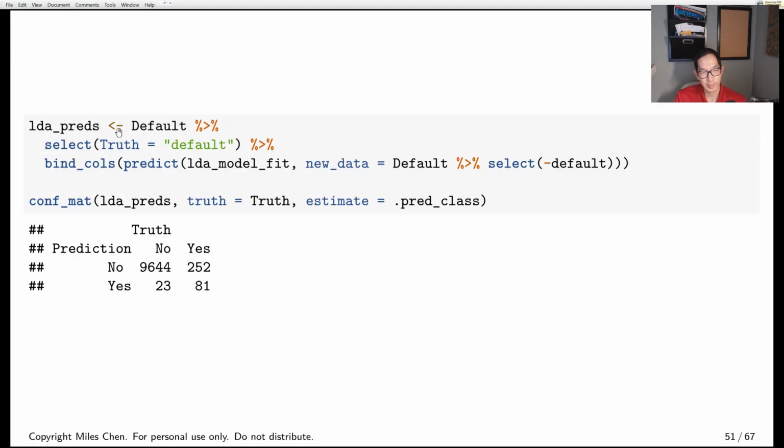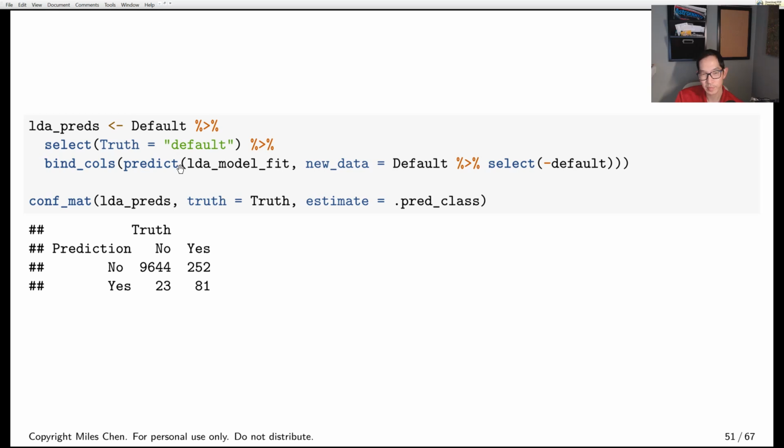Now we make our predictions, and I want to create a table where one column is the truth. We select just whether they defaulted or not, then make predictions based on the fitted data and bind columns. We take that column of default, which we labeled the truth, and bind it to our prediction columns.